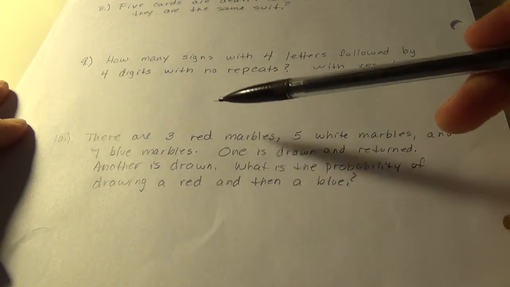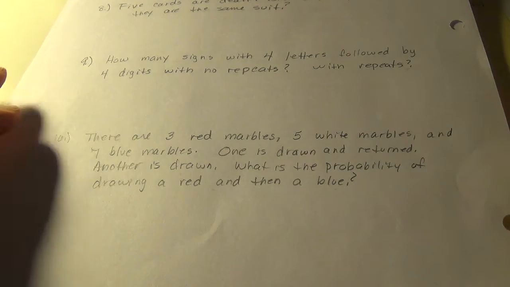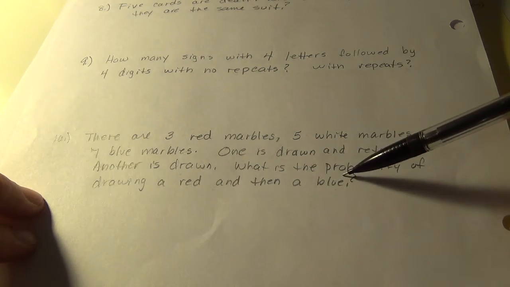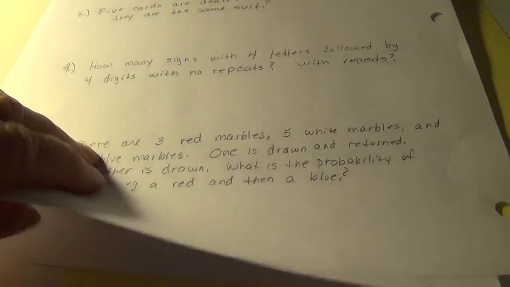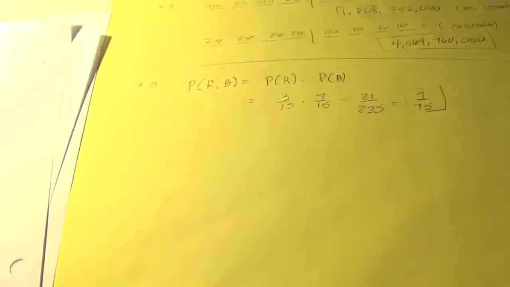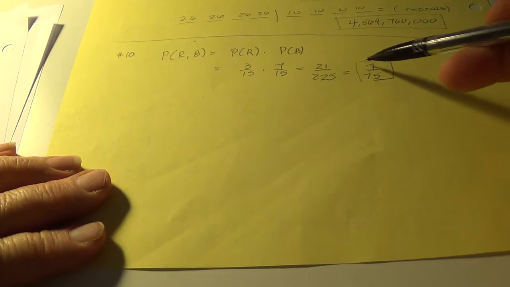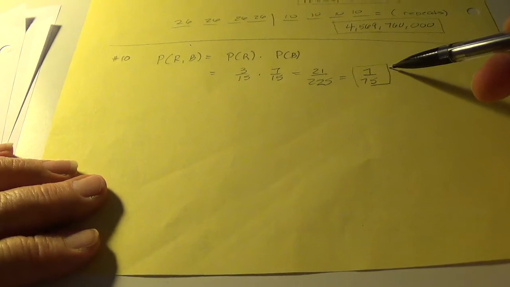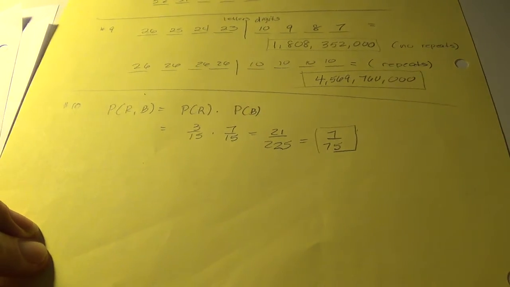The probability of drawing a red is 3 out of 15, and the probability of drawing a blue is 7 out of 15. We multiply those two probabilities to get the final answer, 21 out of 225, reducing to 7 out of 75.